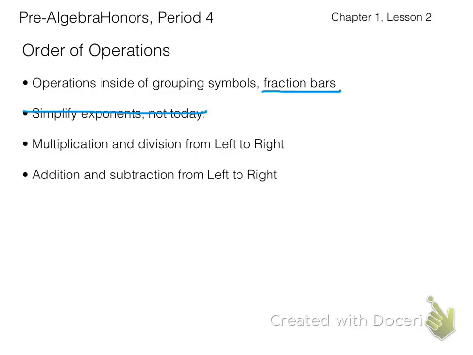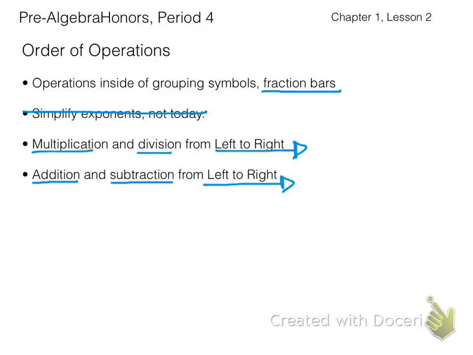And then we always multiply and divide from left to right. Since multiplication and division have the same weight, we need to know what order to do them in, and that is obviously from left to right. Addition and subtraction also have the same weight, so that is also from left to right.